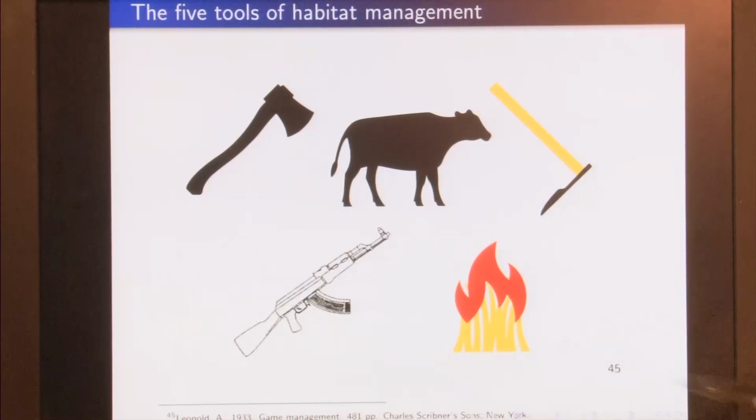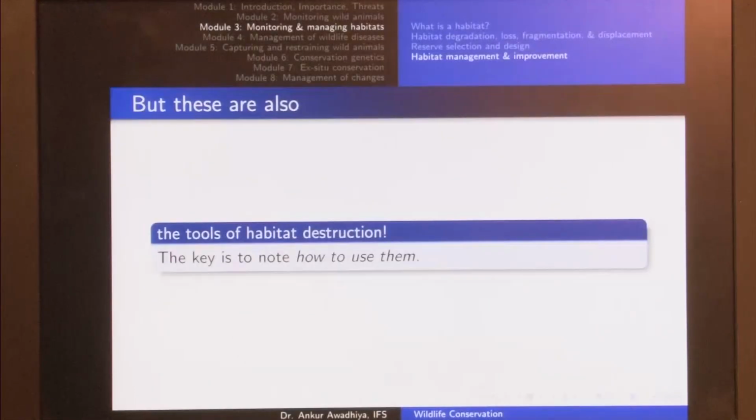Fire, which can be used to remove dry grasses or weeds from an area, can also be used to put the forest on fire. So, all of these 5 tools of habitat management are also the tools of habitat destruction. The key here is to know when to use them and how to use them.